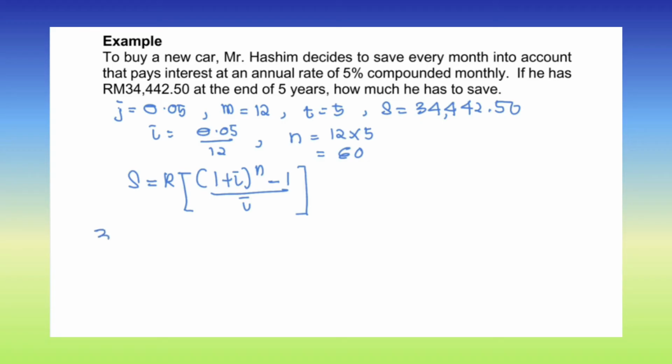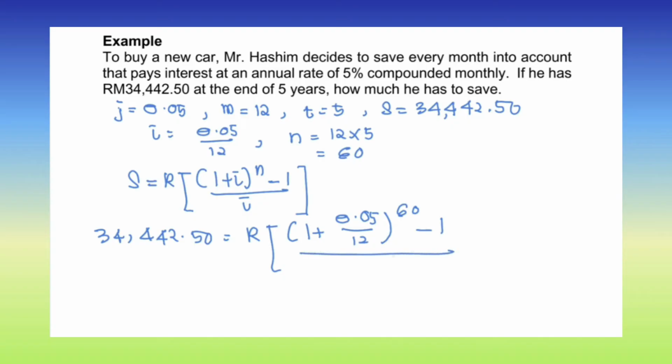S equal to 34,442.50. R that we want to find, 1 plus I, 0.05 over 12 to the power of n, 60 minus 1 over I, 0.05 over 12. Therefore, R equal to RM 506.46.